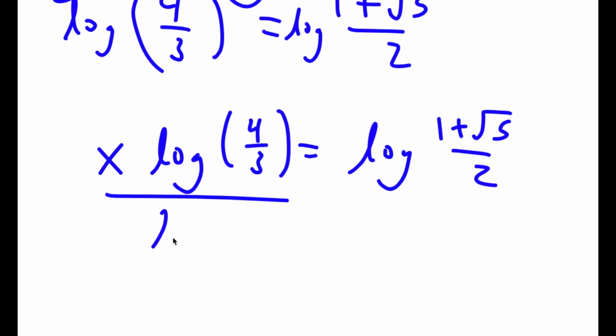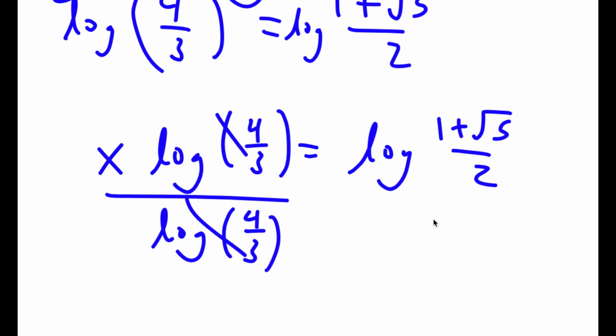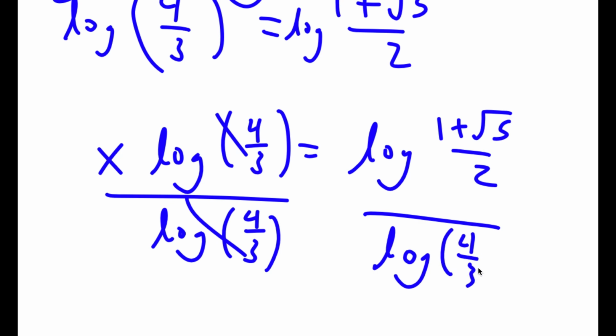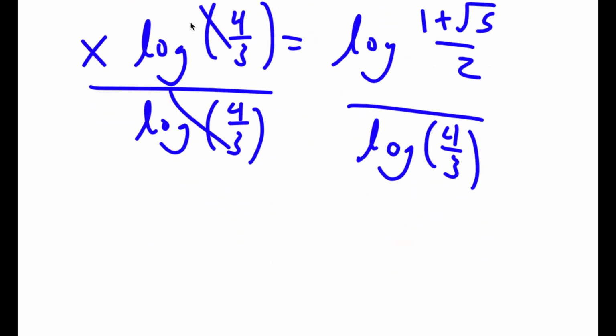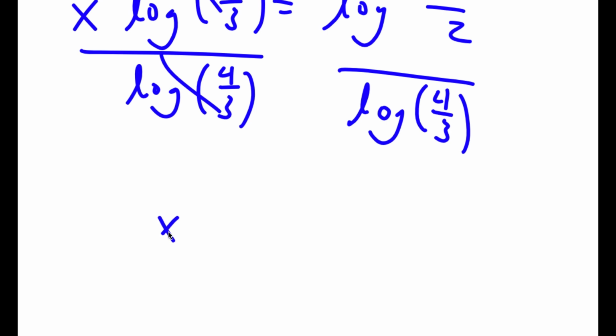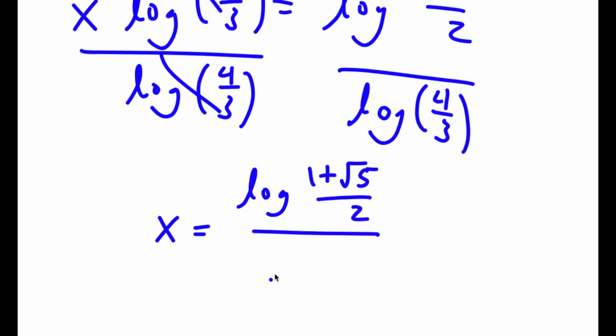Now if I divide both sides by log 4 over 3, these two cancel out, so I'm left with x is equal to log of 1 plus the square root of 5 over 2 over log 4 over 3.